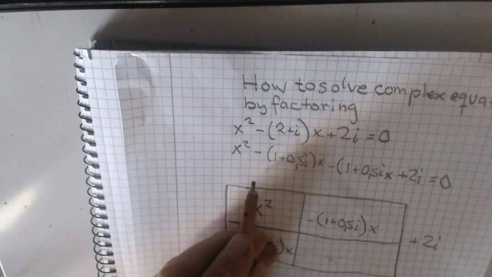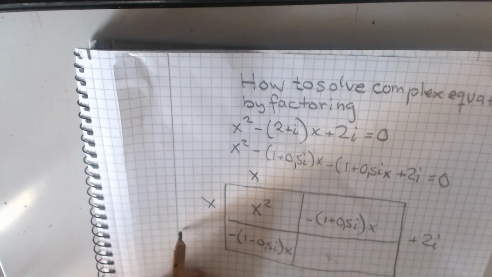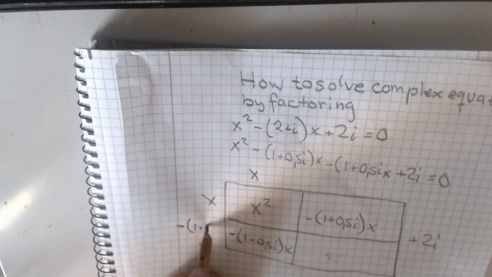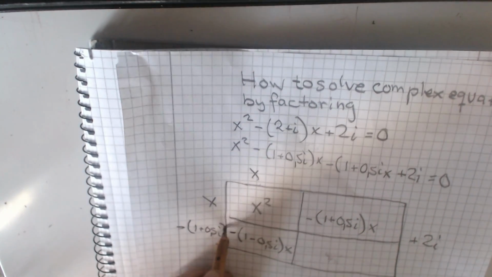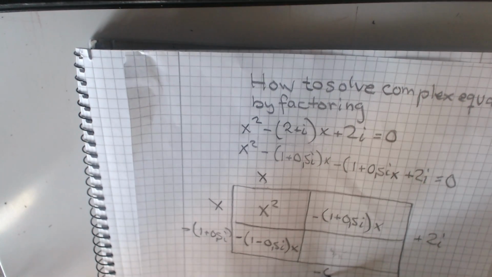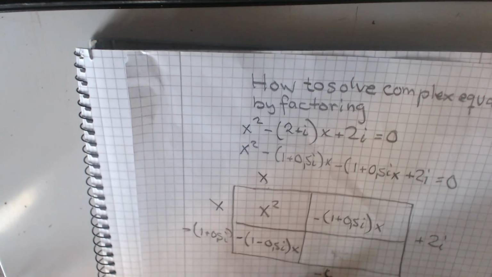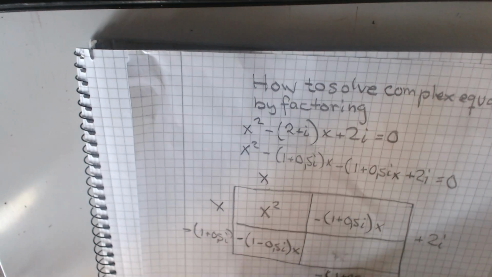So you know that this is x, this is x, this is minus (1 plus 0.5i), this is minus (1 plus 0.5i).